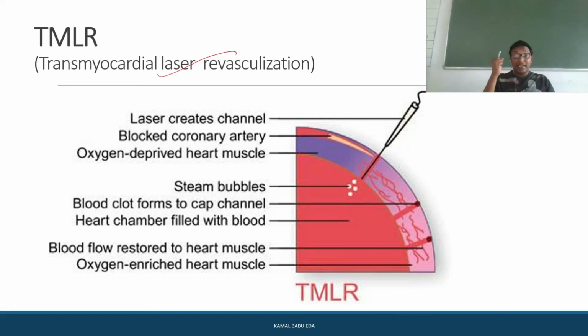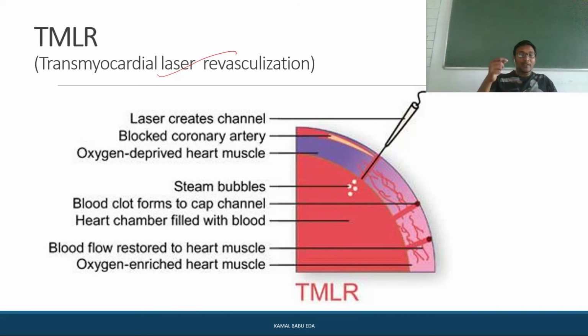Using the laser, they create tiny channels in the area of heart muscle that is not getting a proper oxygen supply. They mainly create the channels into the left ventricle, the main chamber where oxygen-rich blood enters and is supplied all over the body.